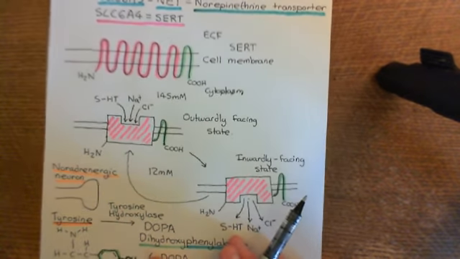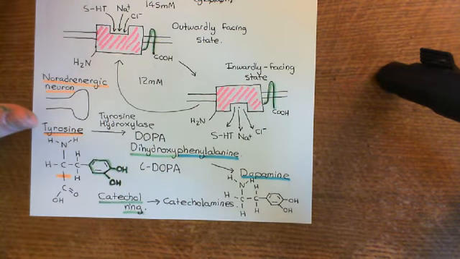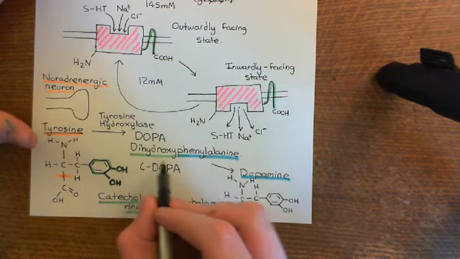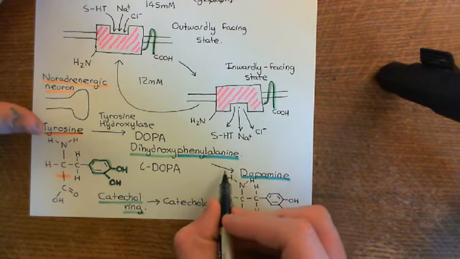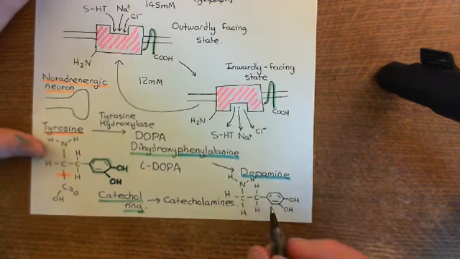Okay, right, so now we're going to convert dopamine into noradrenaline. But before I tell you about that, let me just tell you about the enzyme that catalyzes the conversion of dopa to dopamine.